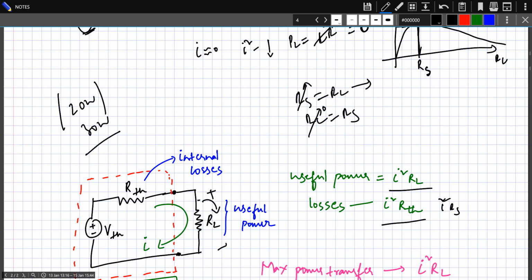And if we want the maximum efficiency, the power will decrease, like if we keep on increasing load resistance, the current will also decrease. When the current decreases, the losses also decrease. The power that is actually being drawn from the source, most of it is being consumed by the load.